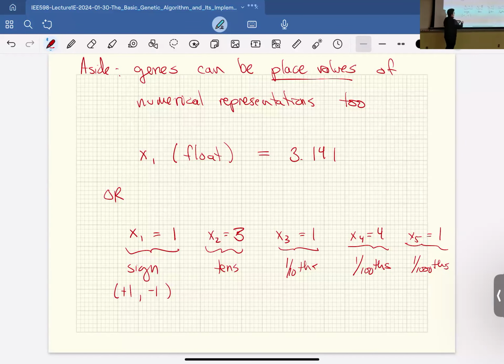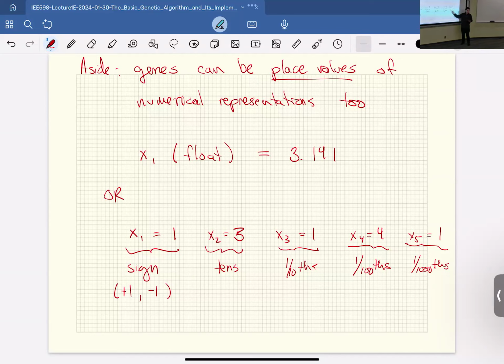What's interesting is, when you think about mutation here, when you mutate this value, you might add a random number to it. If you mutate this value, it's a much bigger change to your decision variable than if you mutate this value.